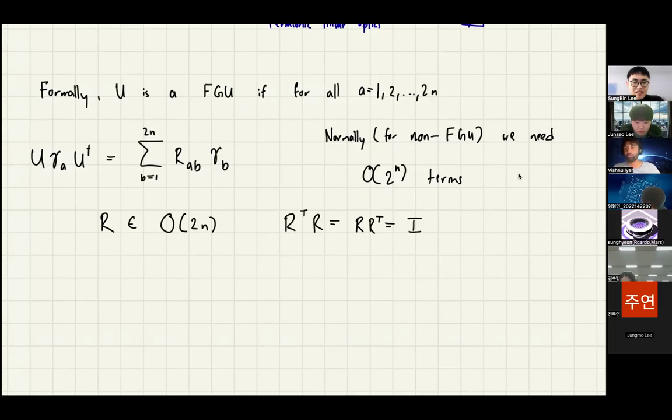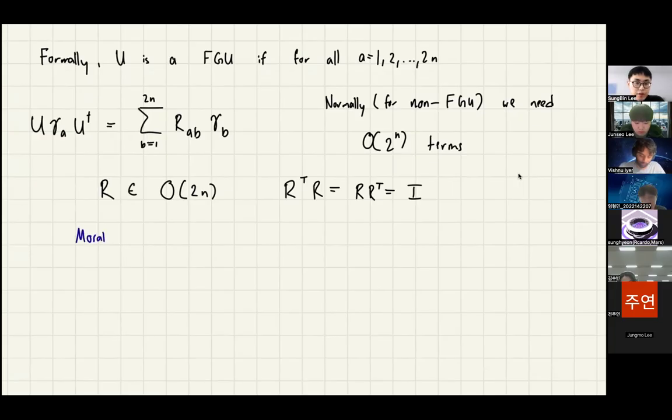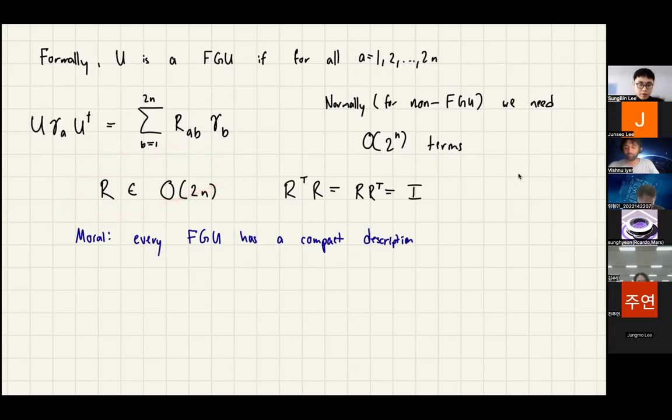So the lesson here, the moral, is that every fermionic Gaussian unitary has a compact description. And the description is just this matrix R.